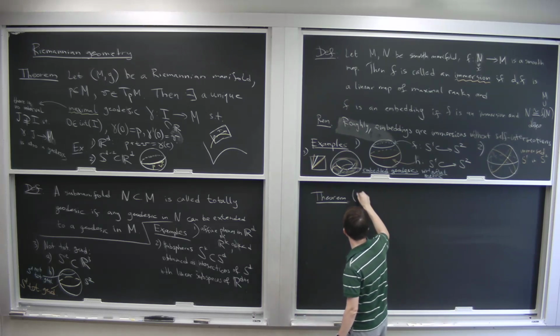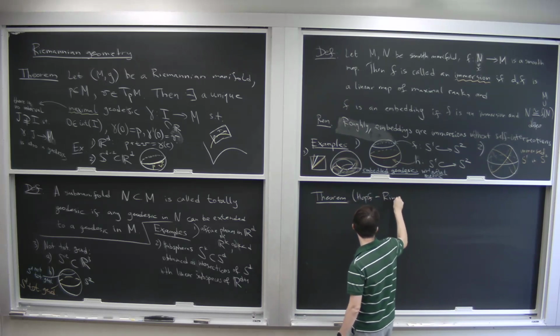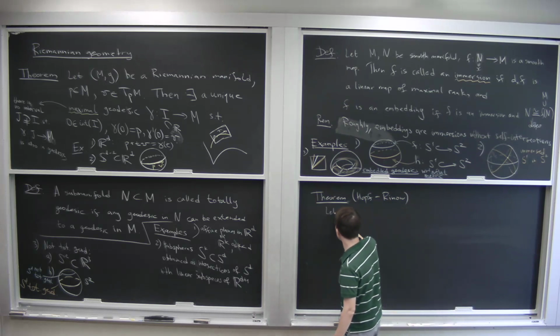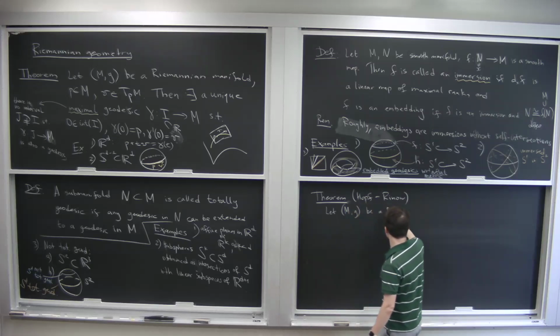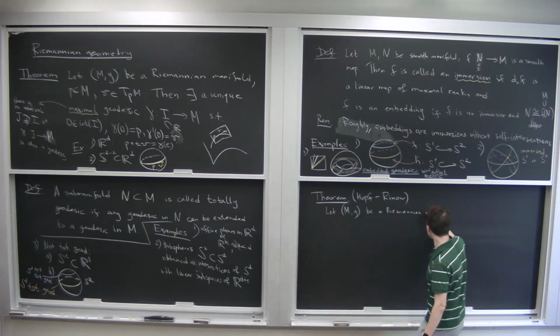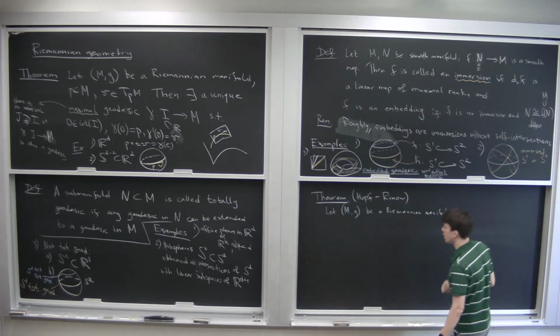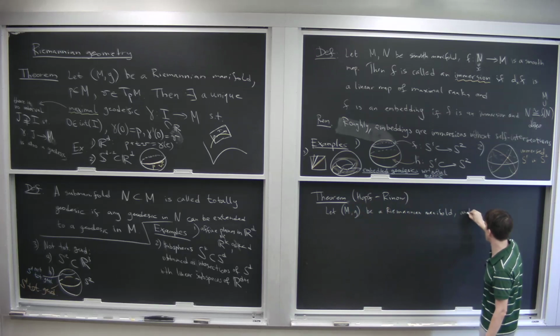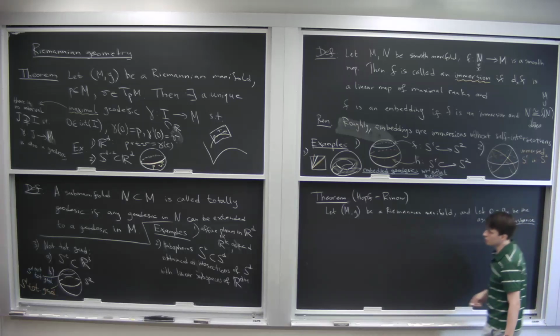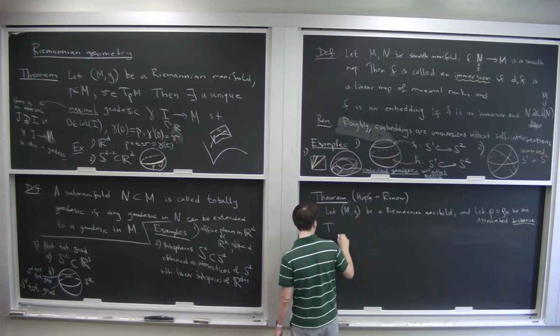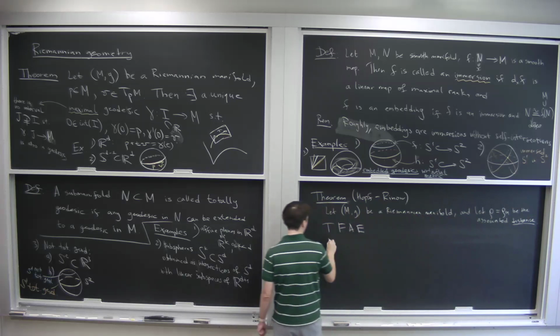So theorem: let (M, g) be a Riemannian manifold and let rho be the associated distance function. Then the following are equivalent.